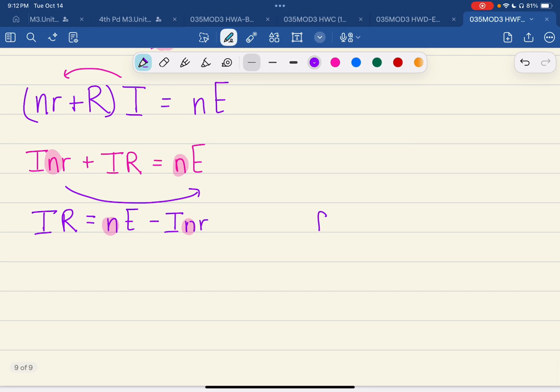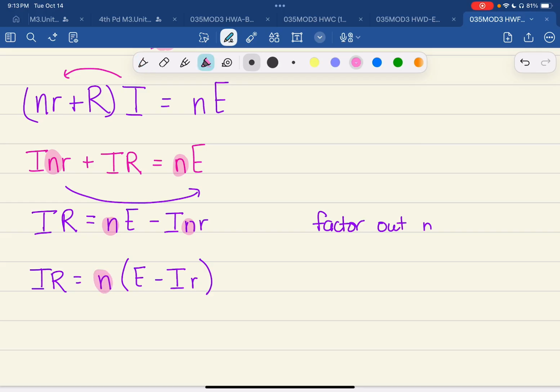So now we're going to factor. I'm going to factor out the N. So IR, I'm going to take that N and treat it like it's a GCF. That leaves me with E. And here it leaves me with IR. So now I'm really close because I've got my N written as 1 N. And I've got N times (E minus IR).